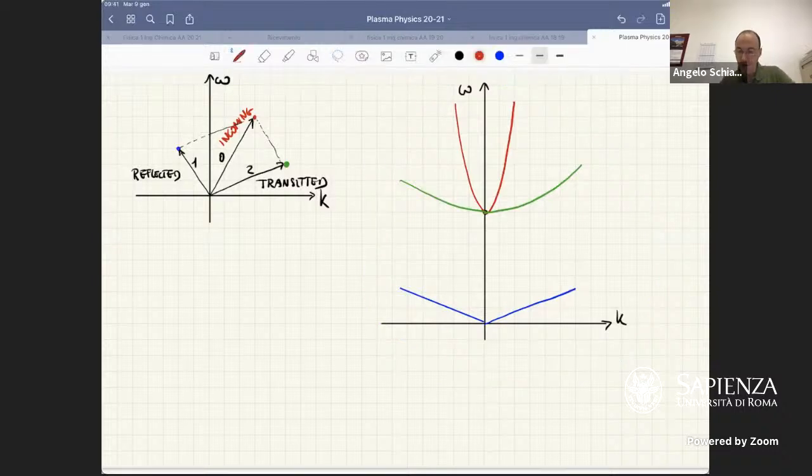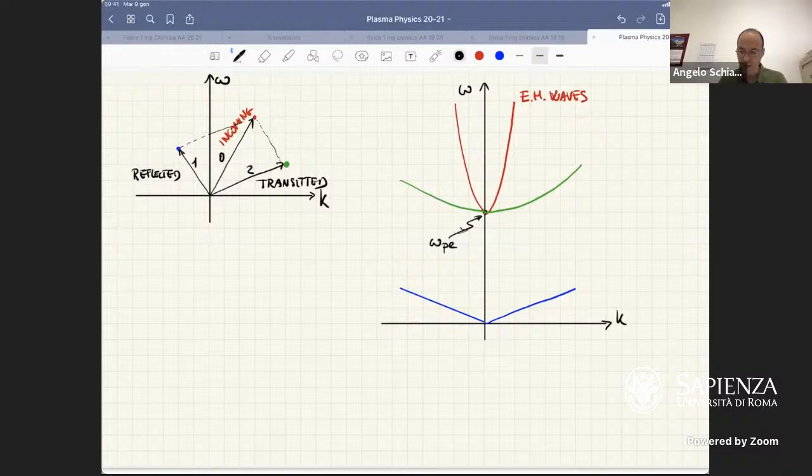The red curve is the electromagnetic waves. The asymptotic speed is the speed of light. The minimum frequency is the plasma frequency. So this point here is represented by the plasma frequency for electrons.